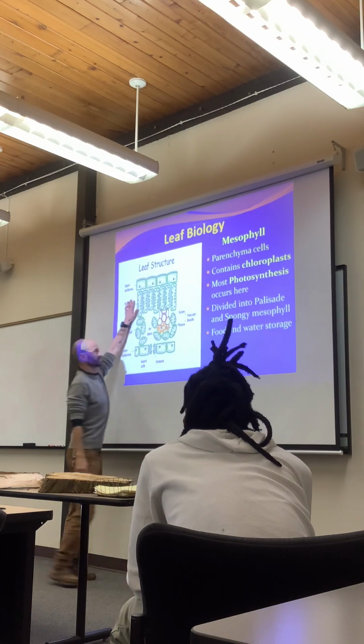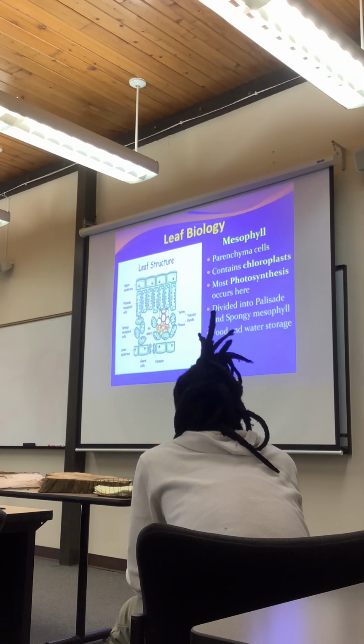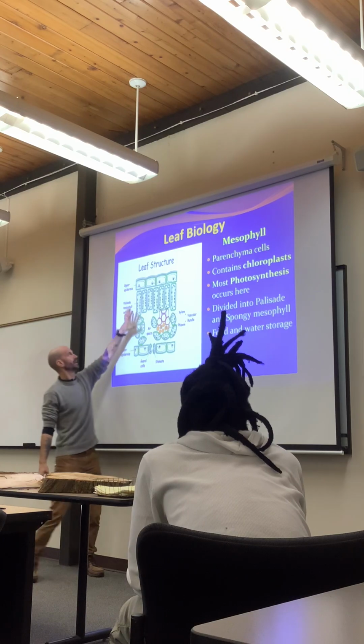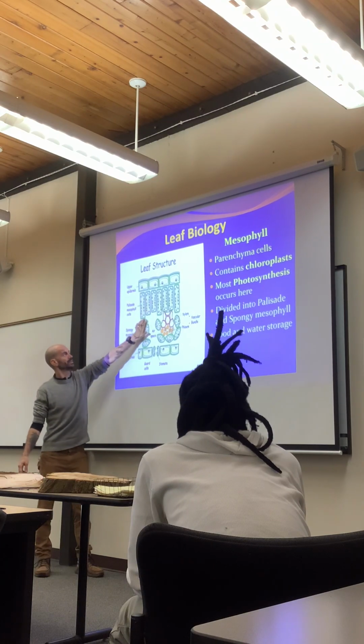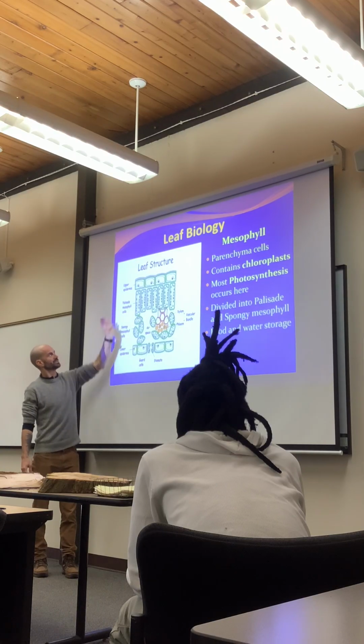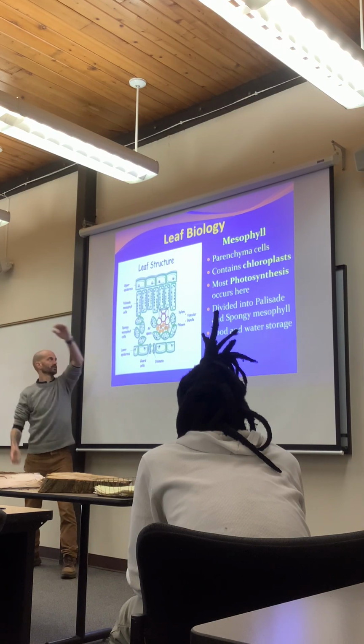The palisade mesophyll, by and large, are doing the majority of photosynthesis because of their location. That means they have the majority of the chloroplasts, and why their structure is skinny and long, so that they can be catching all that light as it penetrates through the leaf, right?